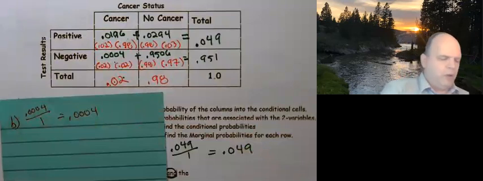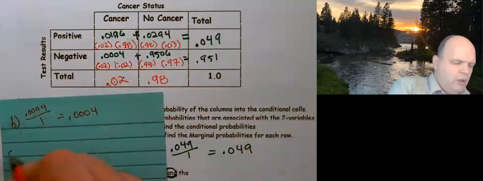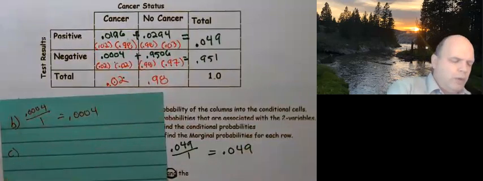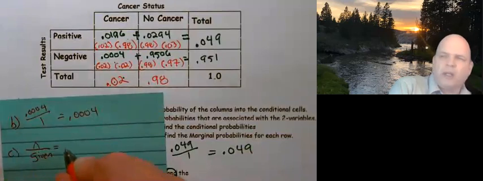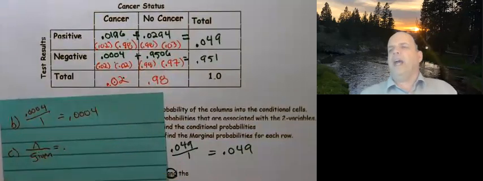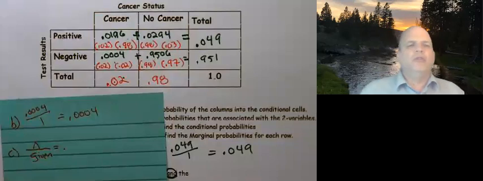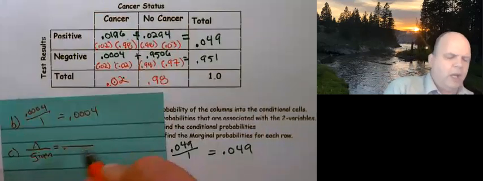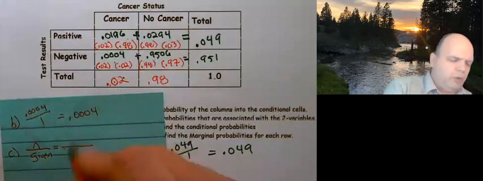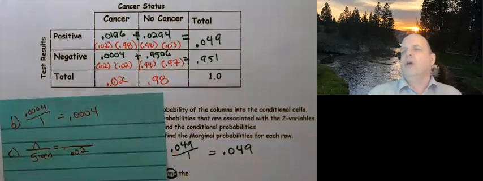The next one, part C, given. Well, we know that given is always in the denominator. So we have given in the denominator, and we're going to have some sort of intersection in the numerator. Given the person has cancer, so now we're looking at the cancer column. What percent have cancer? 0.02. So given they have cancer, what's the probability the test is negative?